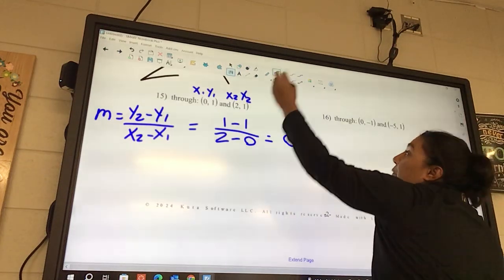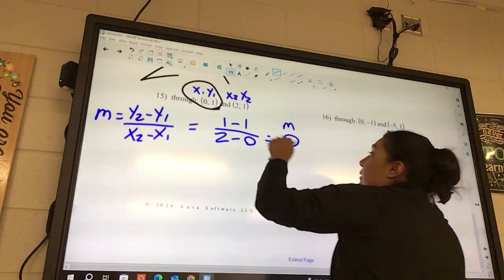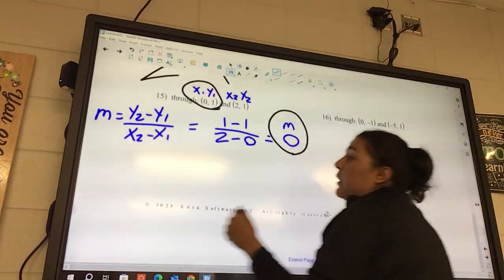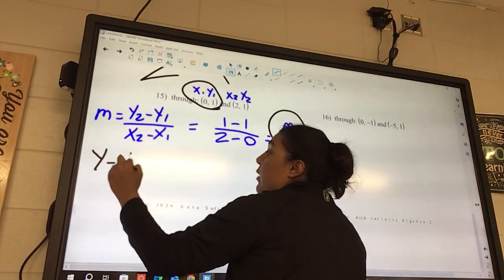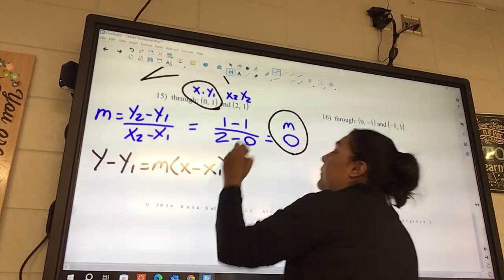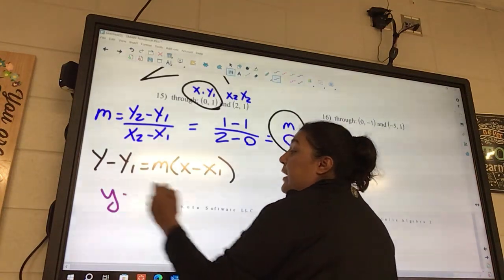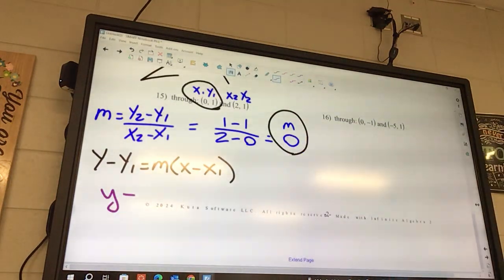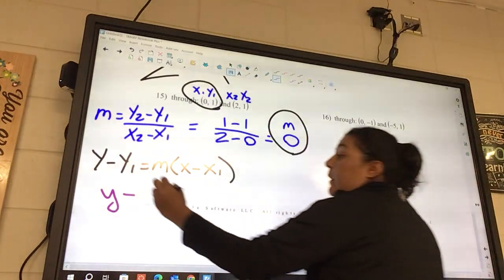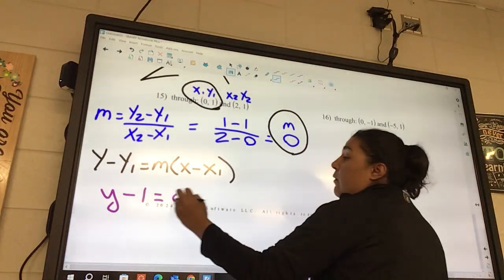Okay, so now from here we know we have a point and we have a slope, so we can use point slope, which is y minus y1 equals m, x minus x1. So we can say y minus, what is my y1? 1 equals my m, what's my m? 0.